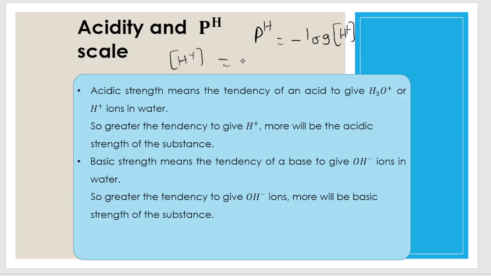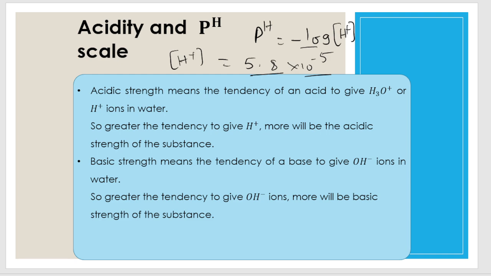For example, the H plus ion concentration of CH3COOH in a particular solution will be around 5.8 into 10 to the power of minus 5. Every time, expressing the concentration with these decimal values and 10 powers is very difficult for calculations. Hence the scientist Sorensen introduced the term pH to simplify the H plus ion concentration. He simplified it by applying the negative logarithm.